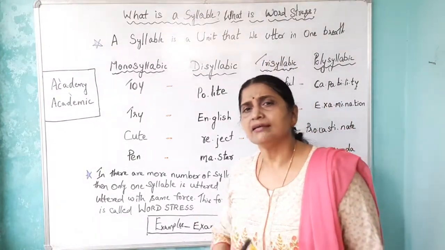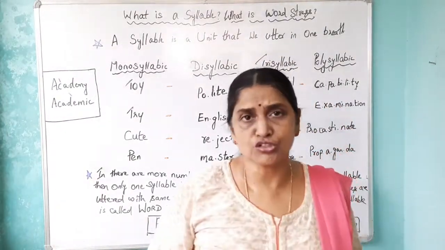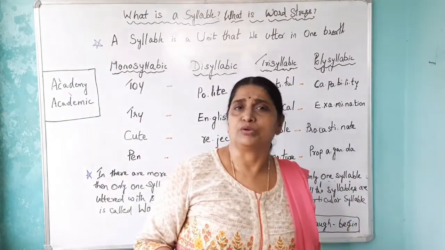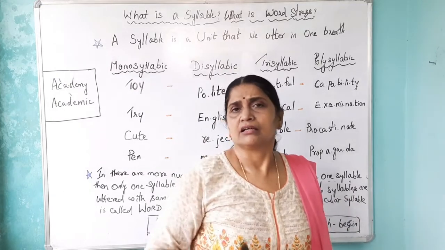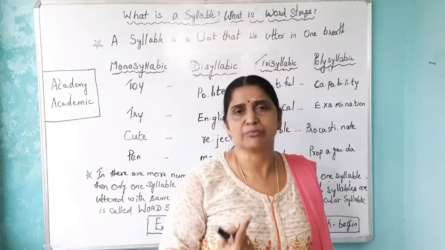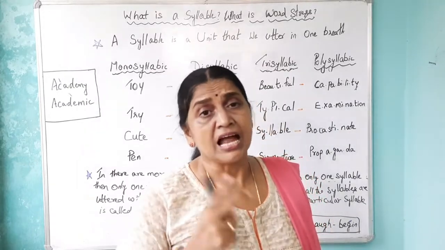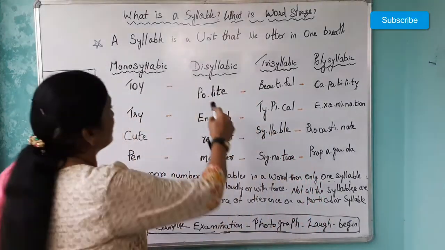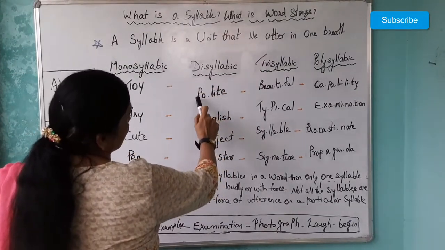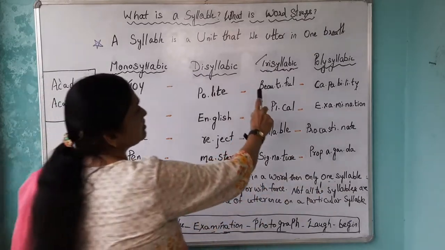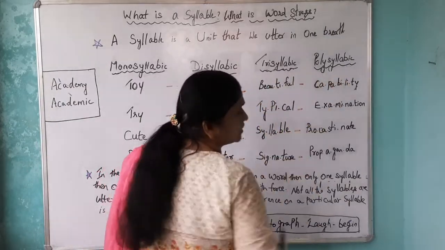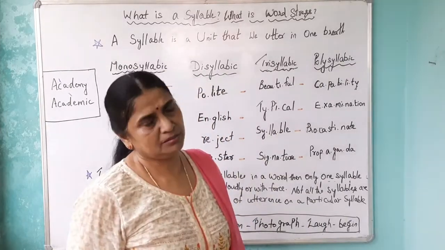Okay. And in any language you have monosyllabic, disyllabic, trisyllabic and polysyllabic words. That means a word which is very short, which can be uttered with one breath, is called a monosyllable. And suppose you are uttering a word with two breaths, that is disyllabic, and if you have three syllables, it is called trisyllabic, and polysyllabic is more than three syllables.